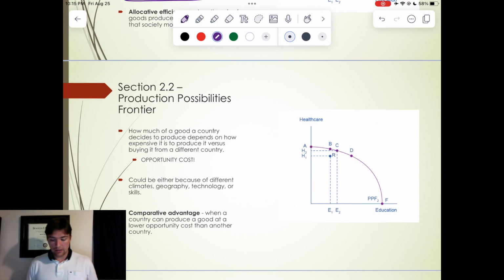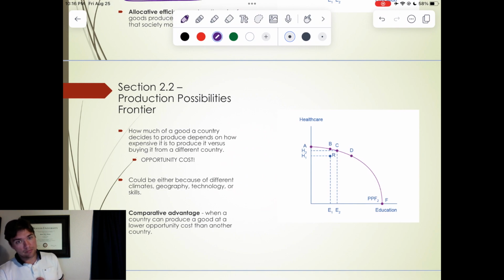How much of a good a country decides to produce depends on how expensive it is to produce versus buying from another country. So we can use the production possibilities frontier in this country and another country. They have their own PPF, and we can look at both and try and figure out, if I'm making cars and you're making cars, who's doing it better?